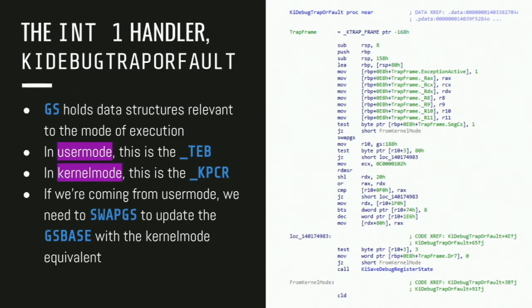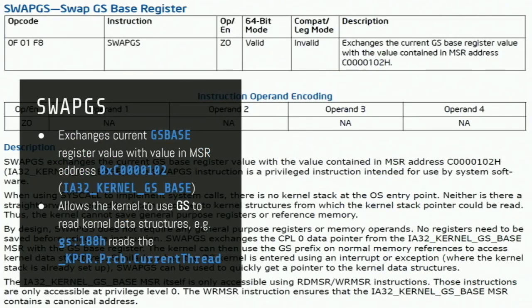How else is the OS going to access these kernel data structures and use that GS base? The way it's done is by issuing this assembly instruction called swapgs, and that puts the GS base for the kernel mode data structures there, so that when you access GS:188, you're not reading user mode memory, which is under the control of a user mode application.